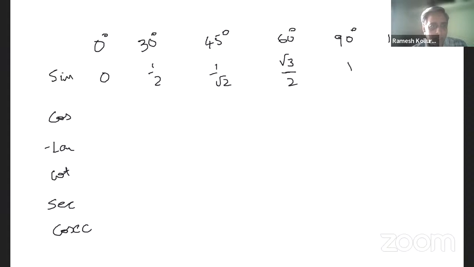Can I go for the next one? Let us say we have 4 quadrants. Any difficulty, any question you can ask, no problem. Here we have first quadrant, second quadrant, third quadrant, fourth quadrant.